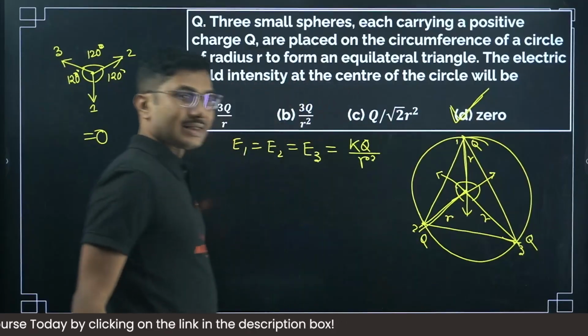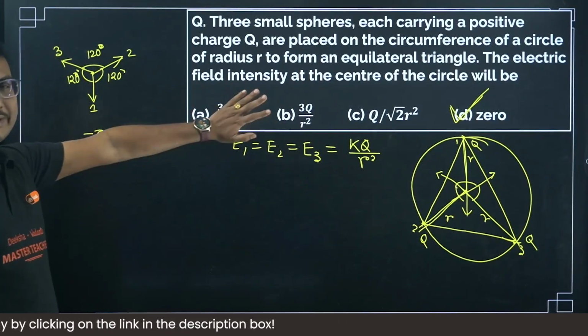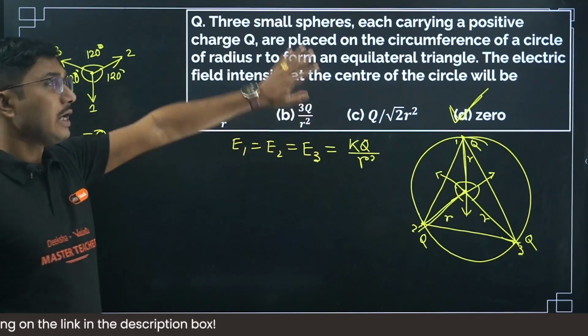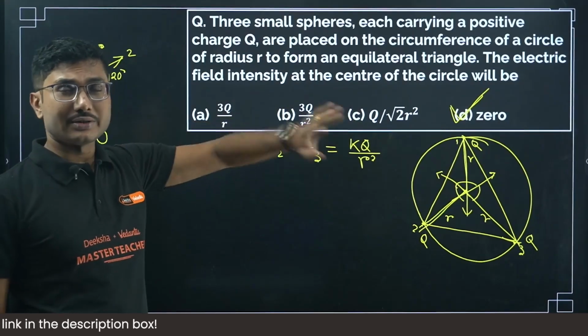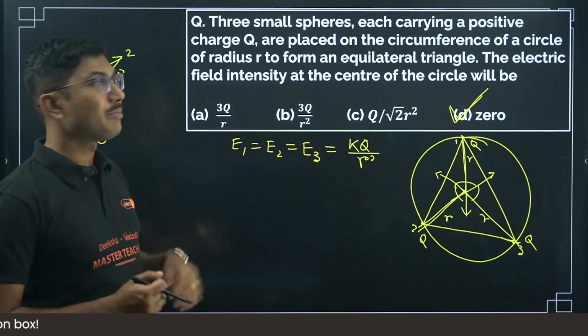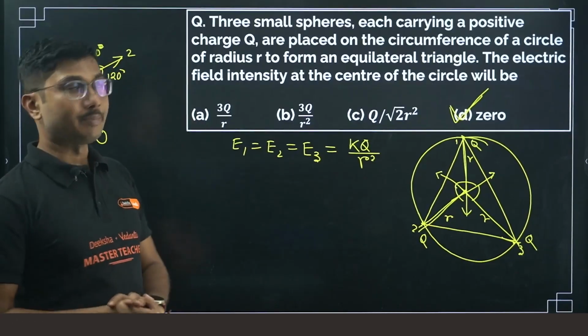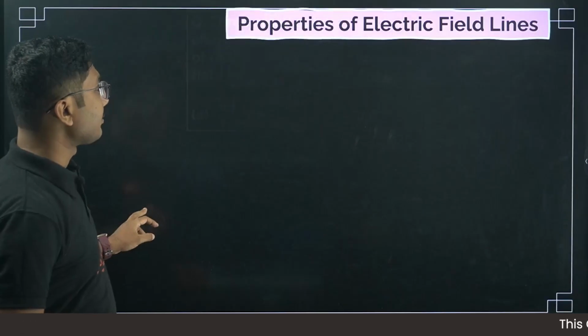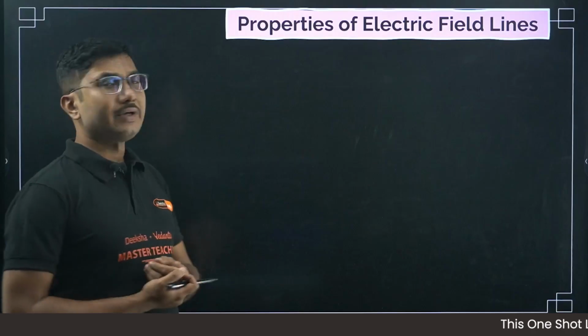So the correct answer is option D. This is a standard KCET style question. In standard KCET style questions, the question might look like a complicated problem, but the answer is basically simple. Now let's move on to the next part, properties of electric field lines.